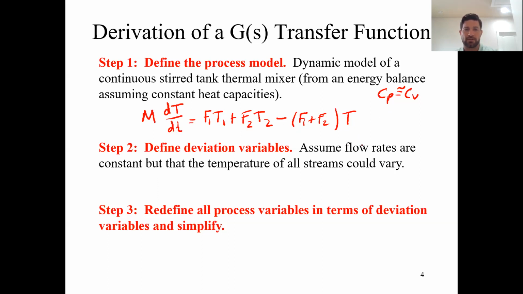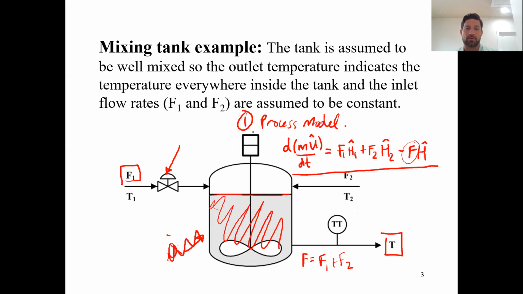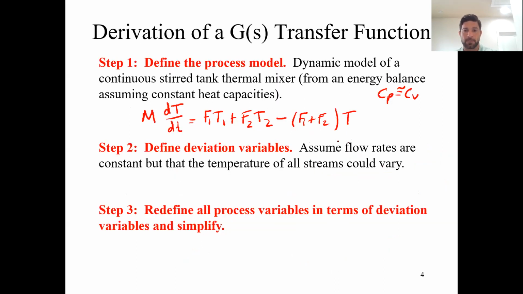I'm going to put Q on here, so I'm going to say our process also has a heat transfer rate, which I'm going to call Q. We'll say it's a constant rate of heat addition, like an electric heater that adds heat at a constant rate. If that's the case, then over here I would have a term that has Q over Cp, and the reason I'm doing this is because this is a constant.